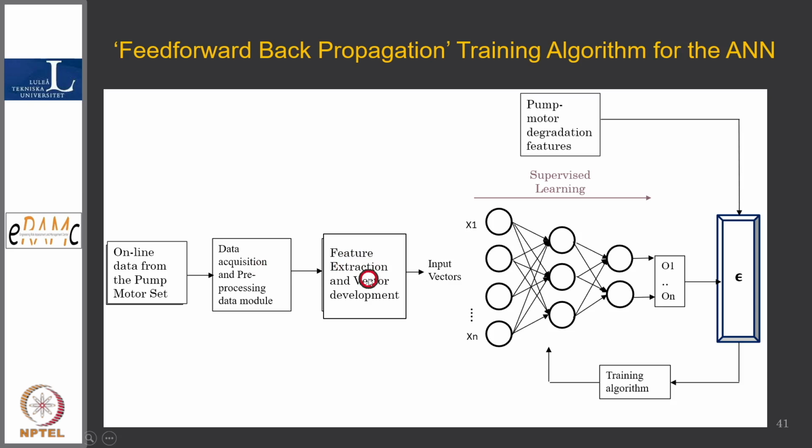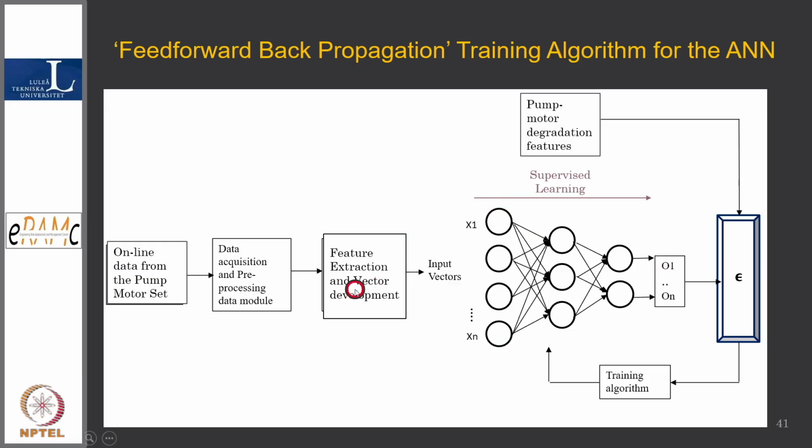Then feature extraction. In the previous slide you saw the features that you determined you need to extract from the data, and now your big data space has become a couple of tens of points, where all the features x1 to xn are fed to the neural network. Since you had a feature, you had an output.